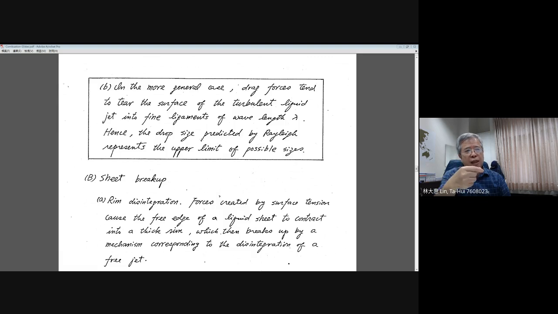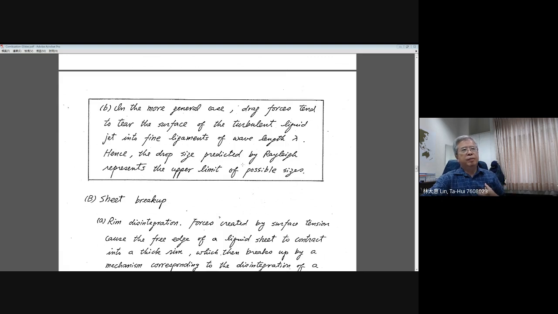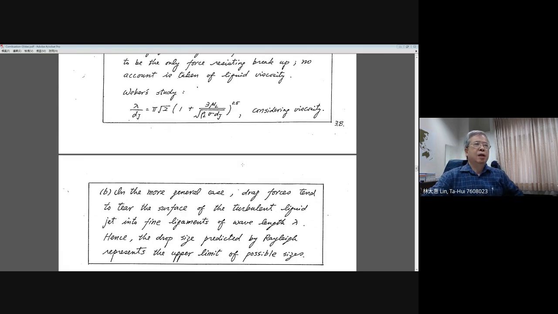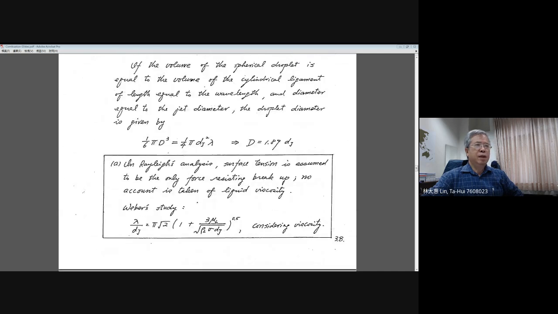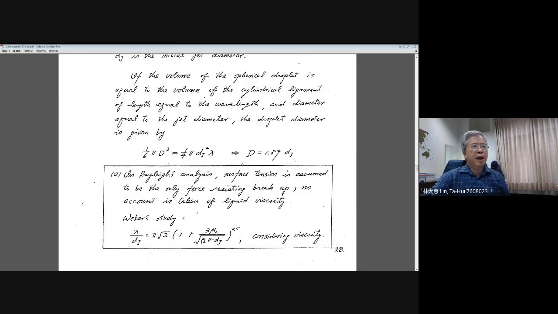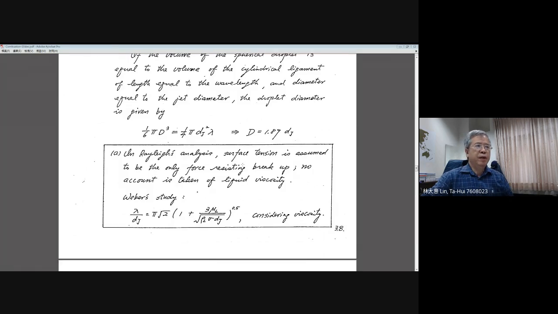The jet size becomes smaller, then the droplet size will be smaller. Here you can conclude that the Rayleigh prediction basically predicts the upper limit of possible size. This is a very nice theory used to estimate the diameter we may have from those kinds of disturbance influence.